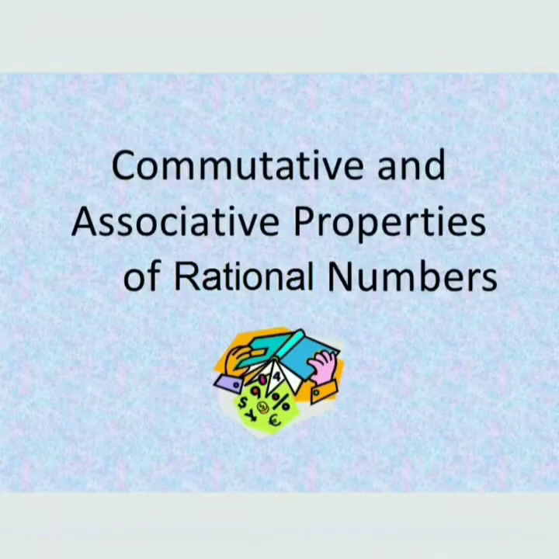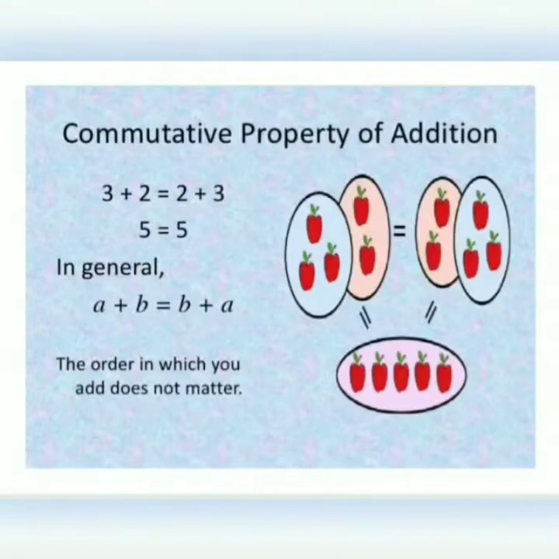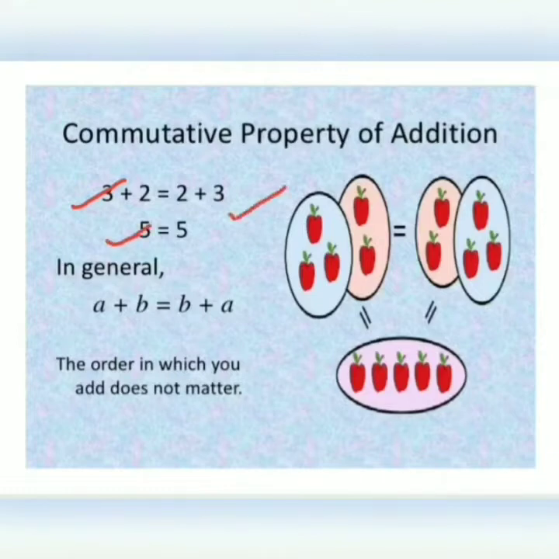Firstly, we will discuss commutative and associative properties of rational numbers. In this, we will discuss the commutative property of addition. So here, if we add 3 plus 2, then we will get 5. When we add 2 plus 3, that is also 5.